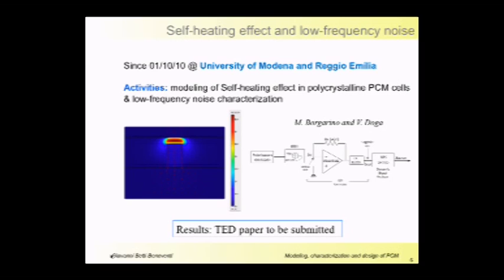About these works, we plan to submit a paper to the Transactions on Electron Devices soon, probably next month, about the self-heating effect. And we are also carrying out the other activity on low-frequency noise using an experimental setup developed by Professor Borgarino and Valerio Doga.